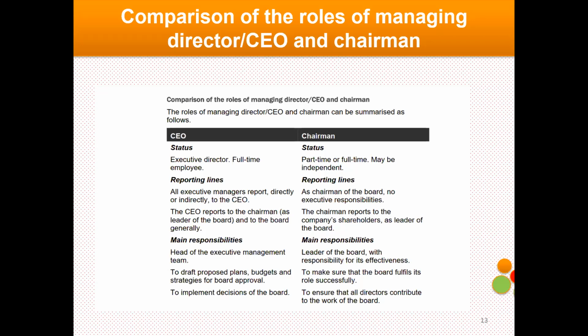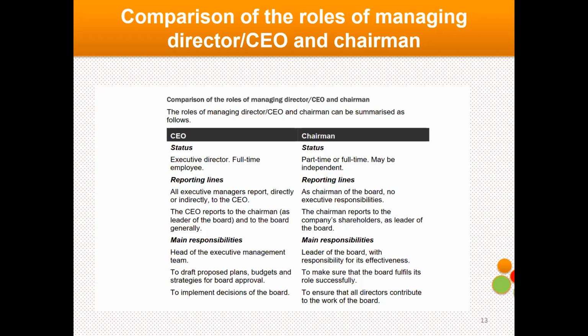Now, what are the main responsibilities? The CEO is the head of the executive management team, to draft proposed plans, budgets, and strategies for board approval. So that's the duty of the CEO, and to implement decisions of the board. What are the main responsibilities of the chairman?